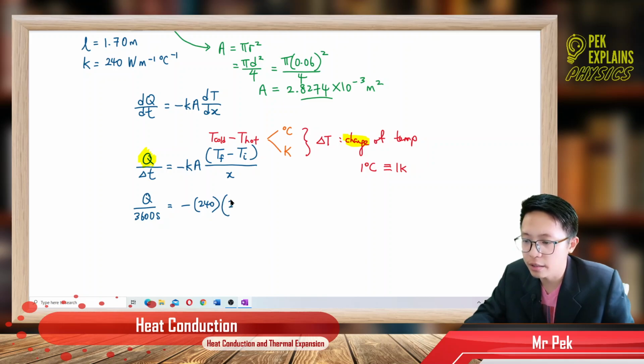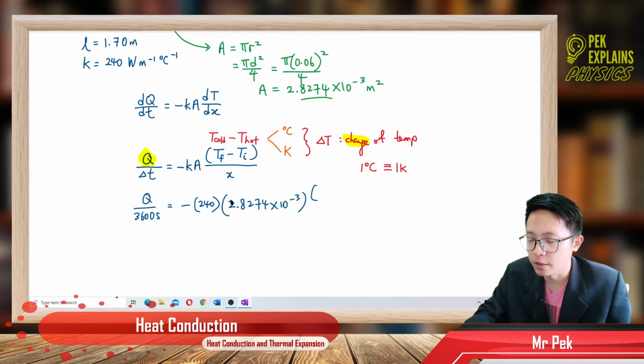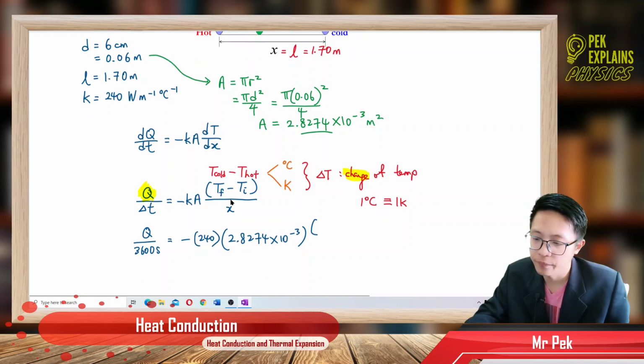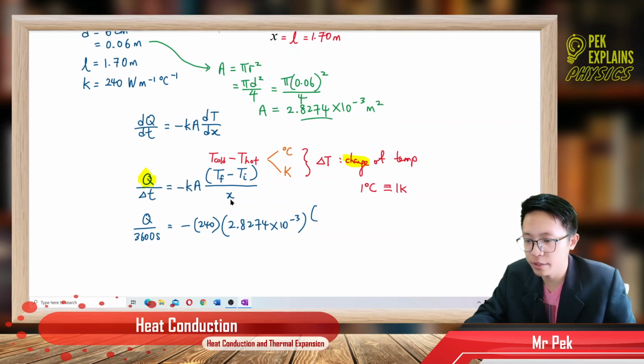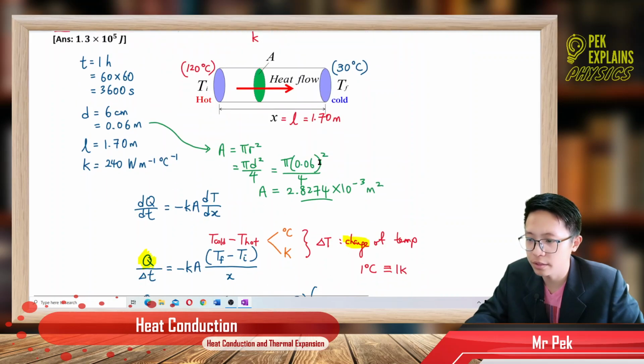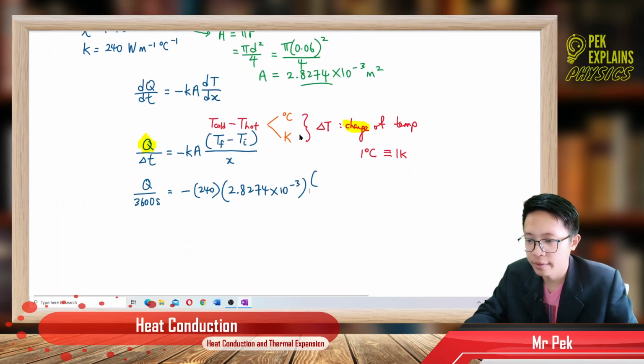The area we got just now is 2.8274 × 10^-3, and the change of temperature is always cold, because cold is the final temperature. Heat always flows from hot to cold. So the cold temperature is 30 degrees Celsius, and the hot temperature is 120. So final cold minus initial hot.